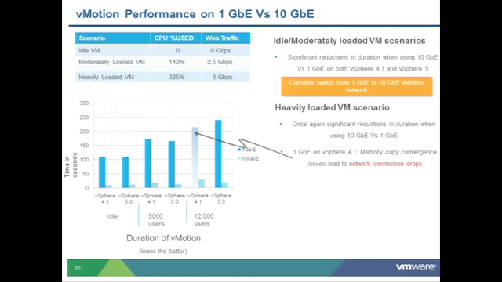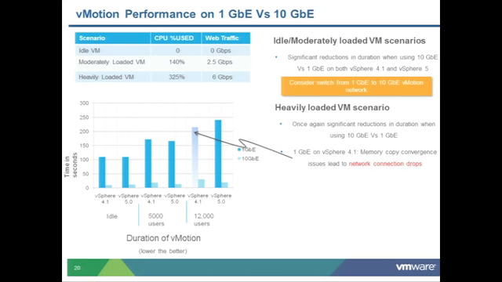As Gabriel mentioned during his overview, we ran into this pathological scenario where the VM was dirtying its memory so fast that vMotion was not able to transfer all these dirty pages on the 1 GB network. The 1 GB obviously has limited bandwidth, and the VM was churning out dirty pages faster than vMotion could transfer them.